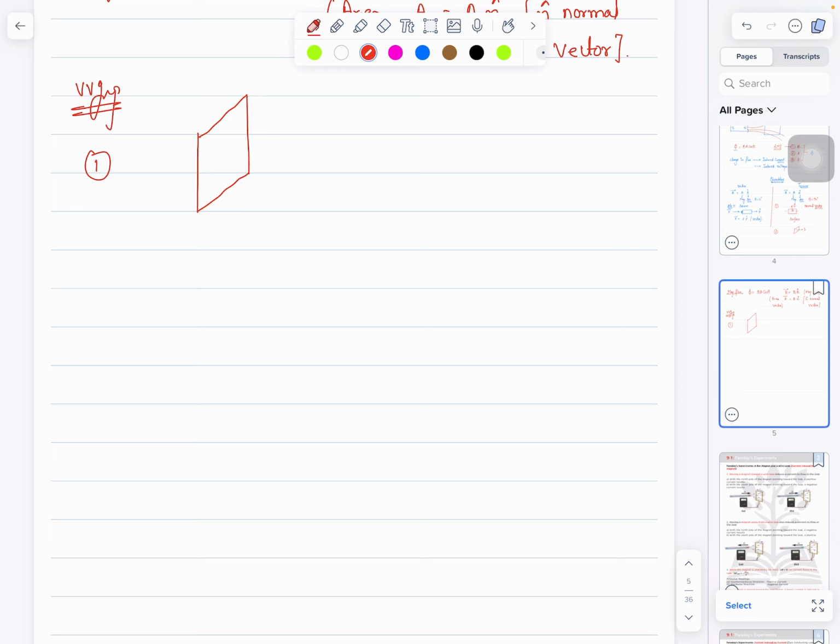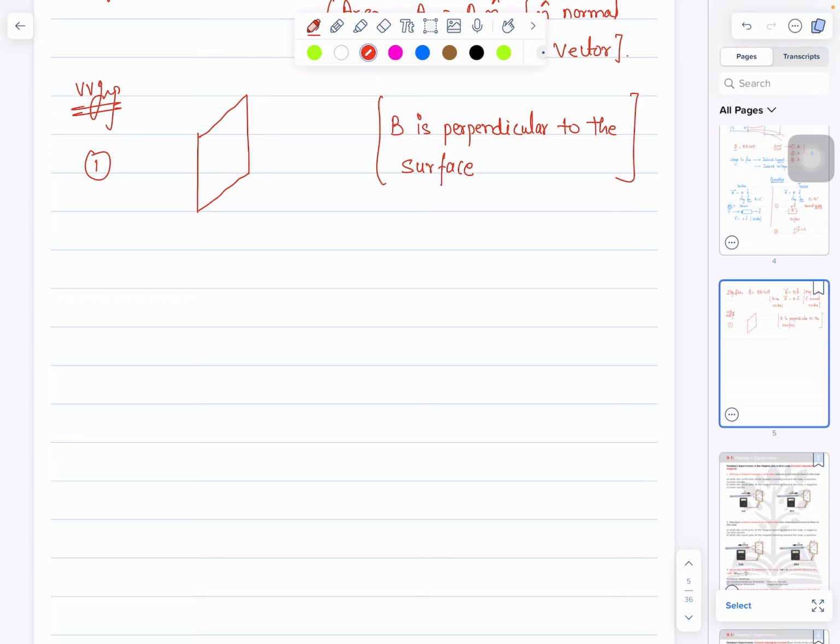So I'm going to write that when the magnetic field is perpendicular to the surface, you will get this same statement in the numerical.